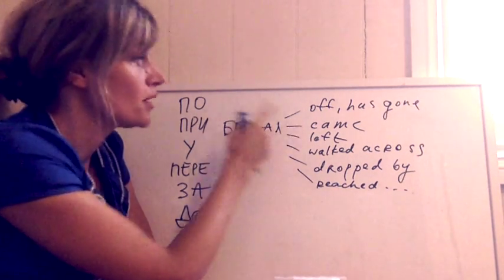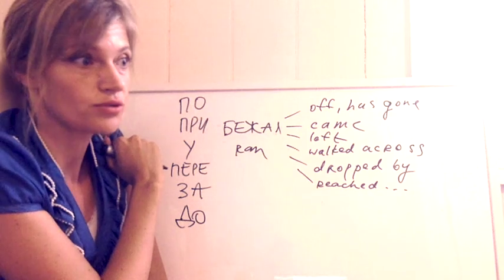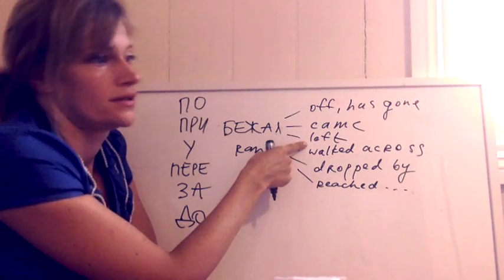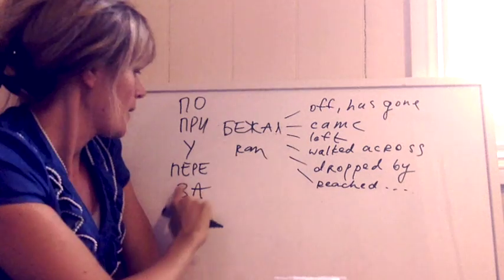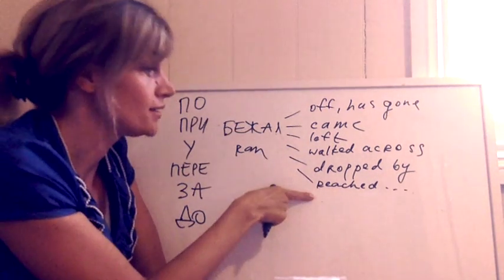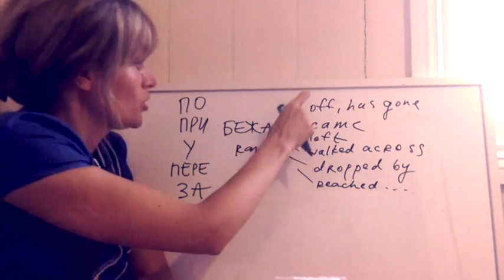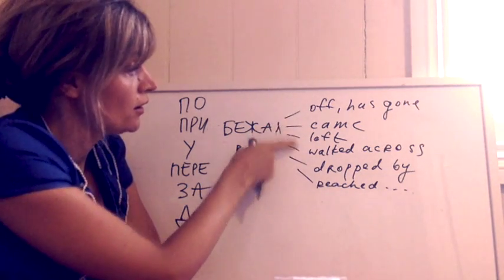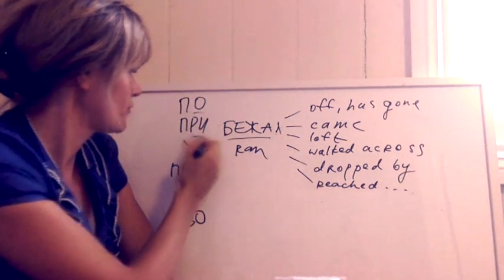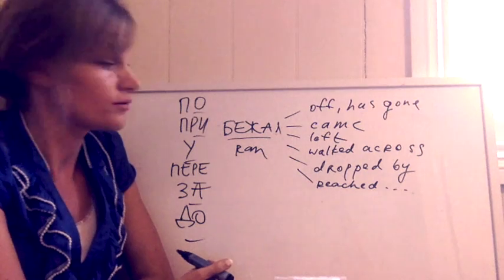Прибежал, he came, and how he came: he was in a hurry. He actually came running, right? Убежал, he left, like bolted. Забежал, dropped by, but really quickly. Добежал, he reached the destination, and he wasn't just walking. You see, so many in English, the same in Russian, but the prefixes are different. This is the difference, it makes a lot of difference.